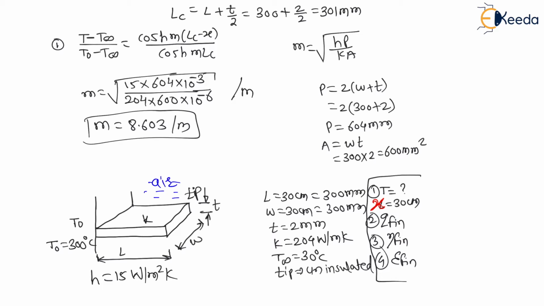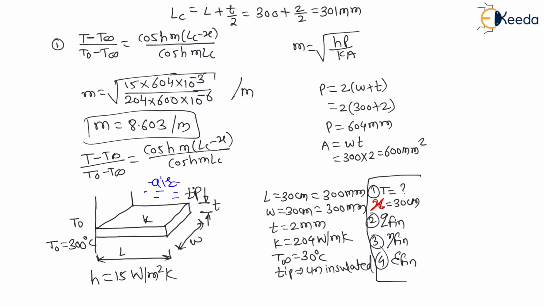Now once you calculate this m, let us put this m here and calculate the temperature at a particular location. Therefore the equation will become (T minus T infinity) divided by (T naught minus T infinity) is equal to cosh of m(Lc minus x) divided by cosh of m Lc. So my dear students, let us put these values.